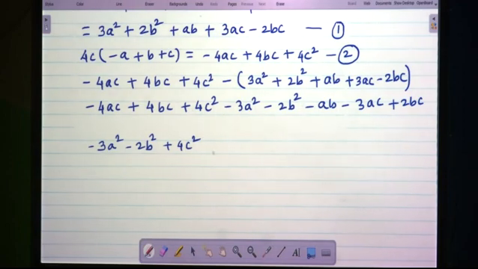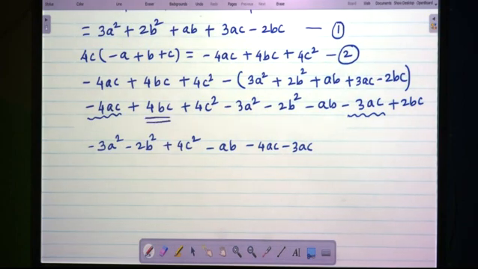Minus ab, with minus ab, no like term. Okay. Then here we are having the like terms minus 4ac, minus 3ac. So, it is minus 4ac minus 3ac.